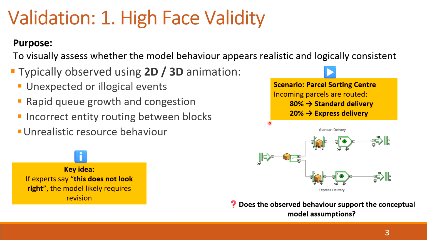So follow the animation and try to answer the question. I really hope that you catch that, unfortunately, the model is not working correctly, meaning that a majority of the items should go to a standard delivery route or path, while the model demonstrates totally different behavior.